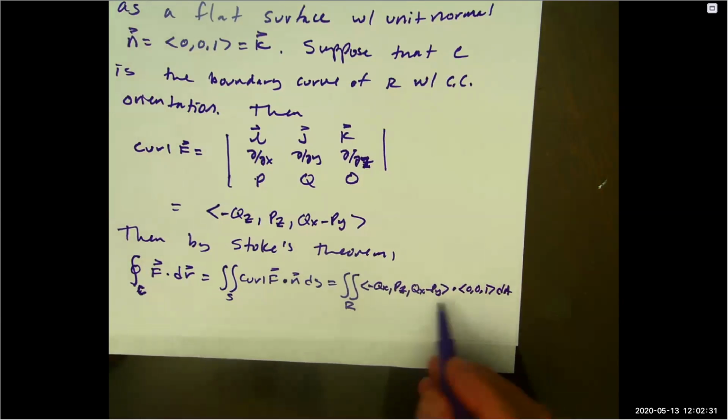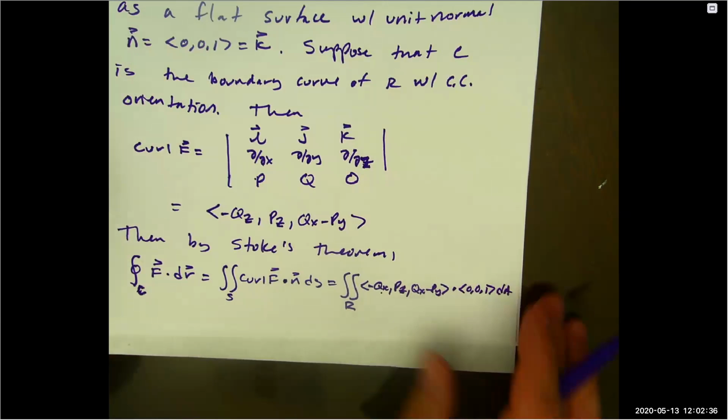When you do the dot product, the minus Qz is multiplied by 0, the Pz is multiplied by 0.